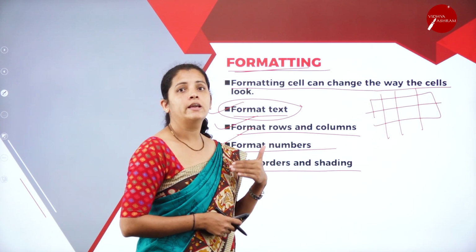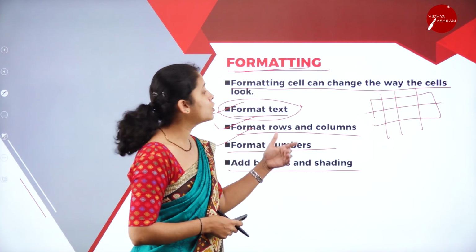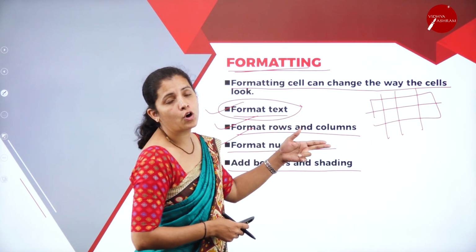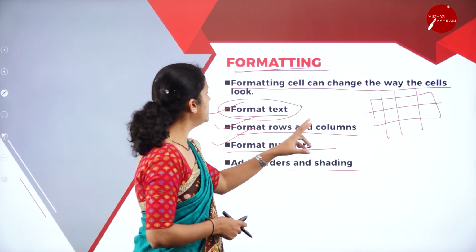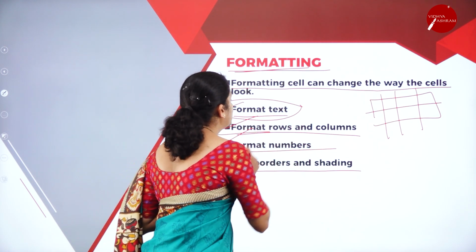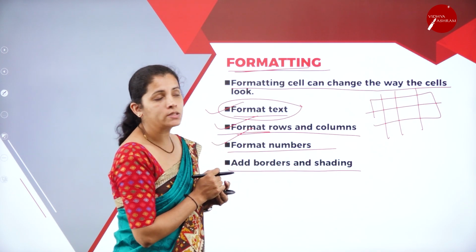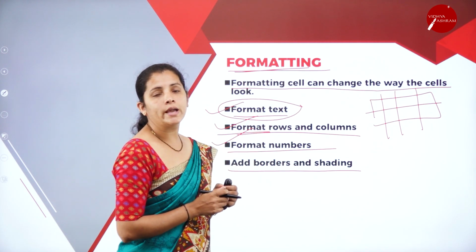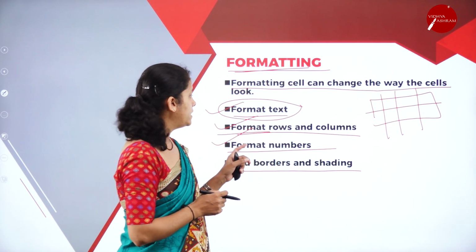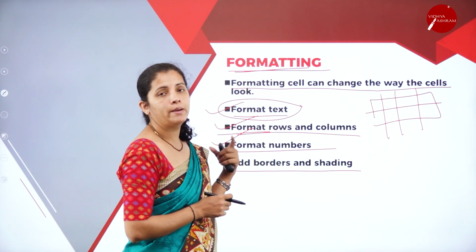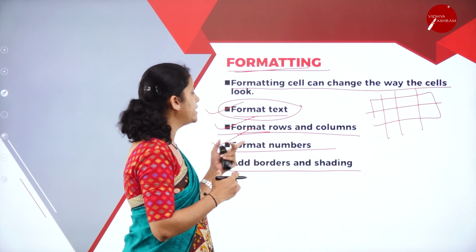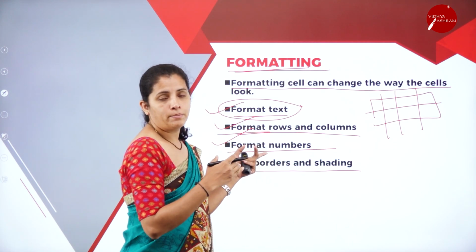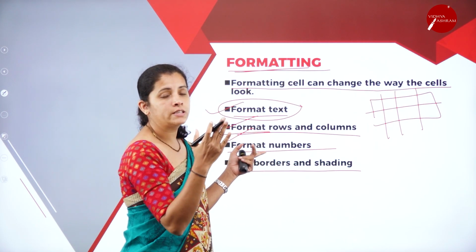That means you can increase your column width, decrease your column width. Everything is carried out with the help of format rows and format columns. And you can also format the numbers. That means you can change the style of the numbers. That means you can use font style.